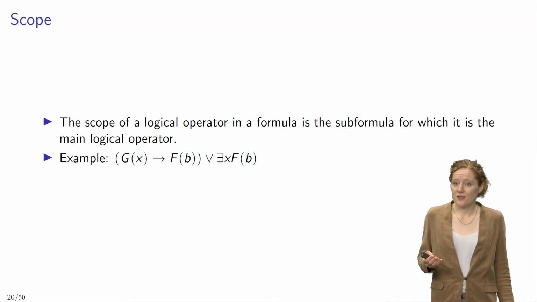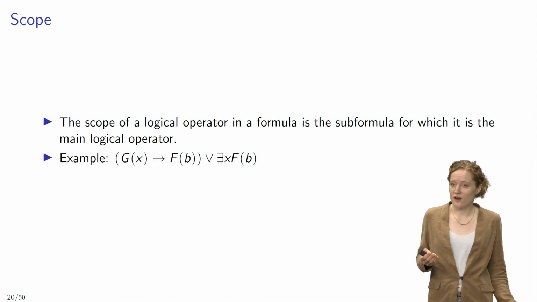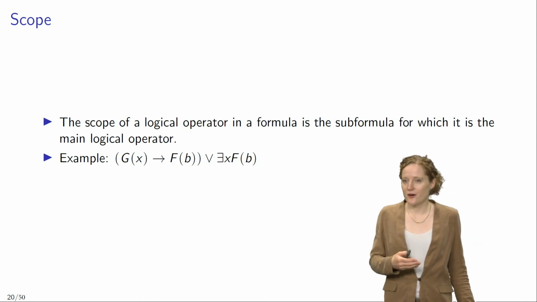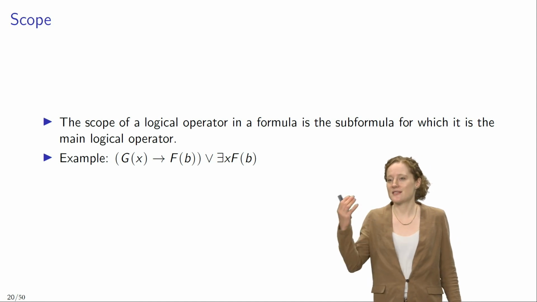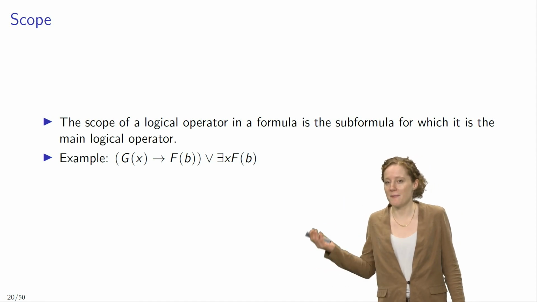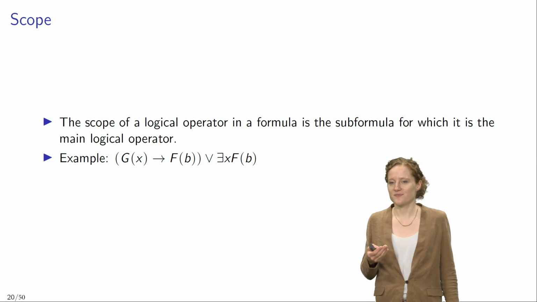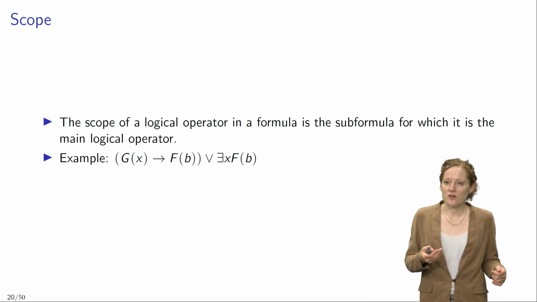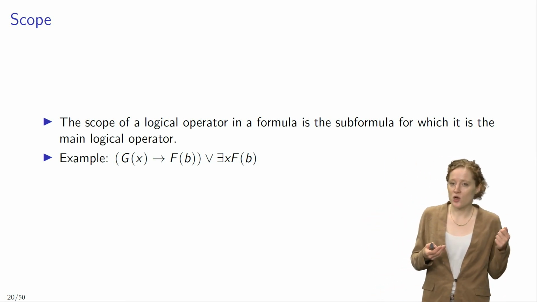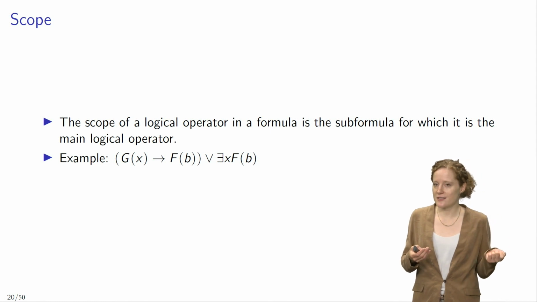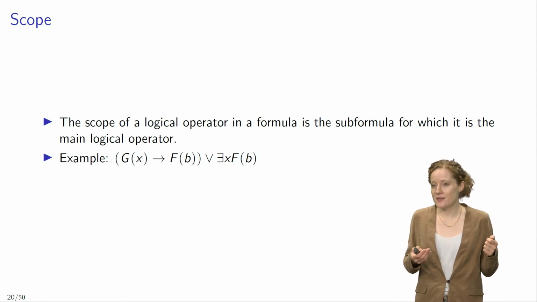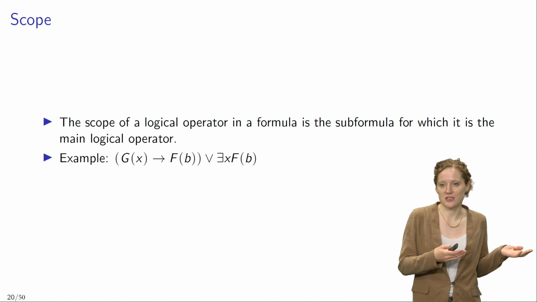We have also talked of the scope of a logical operator before. The scope of a logical operator in a formula is the subformula for which it is the main logical operator. So, for example, the scope of the conditional in our example here is the formula to the left of the disjunction sign.